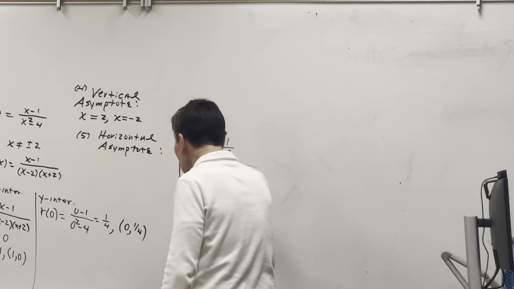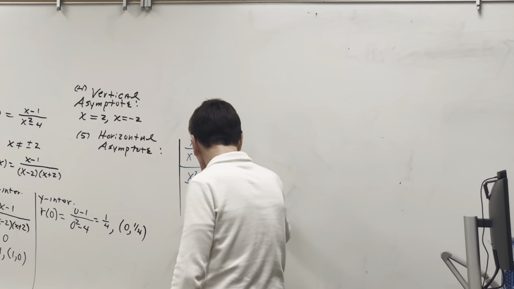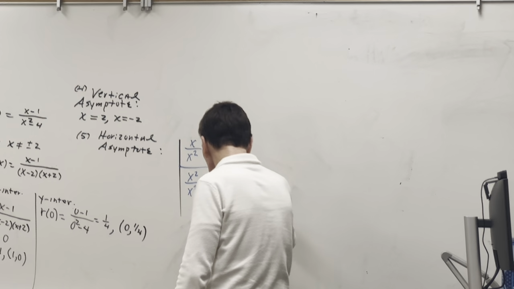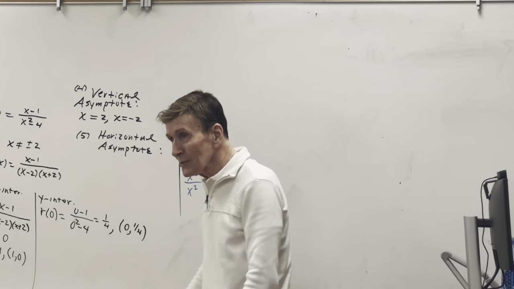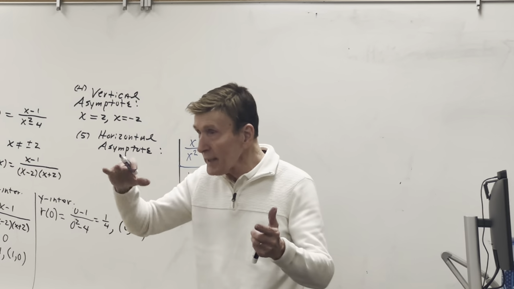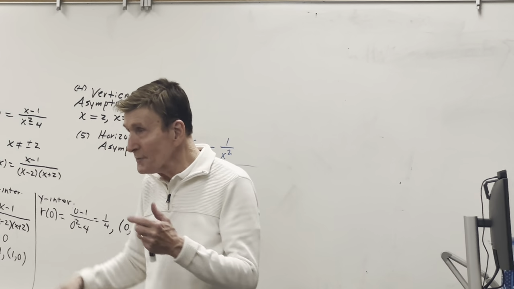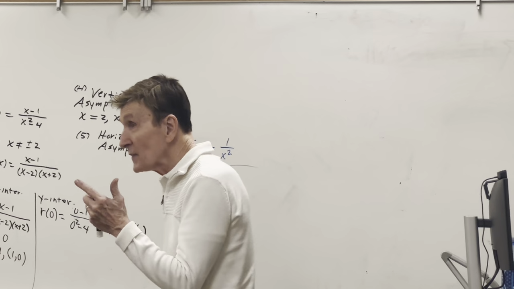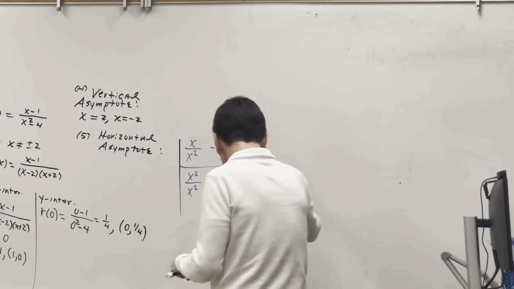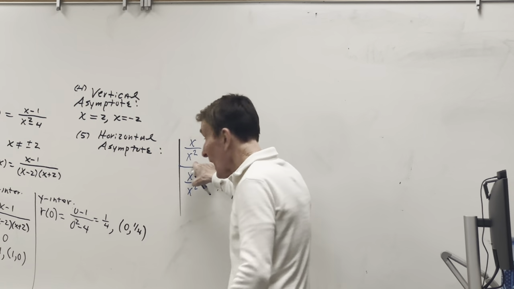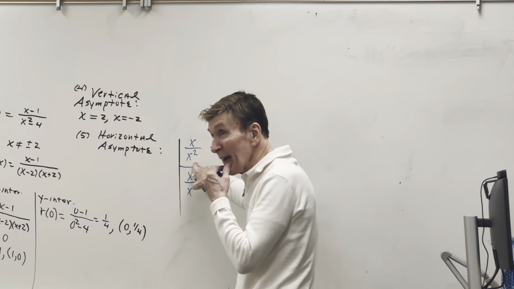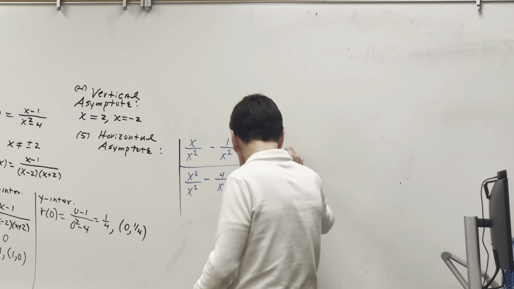Everything's being divided by x squared. And minus 4 over x squared. So first you identify the highest and divide every term in your function by that. And then simplify the best you can. Guys, if I simplify this at this moment, I think one of the x's will cancel here from algebra. And give you what? 1 over x?